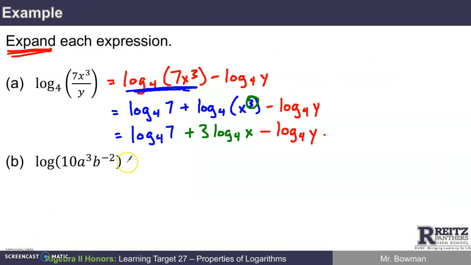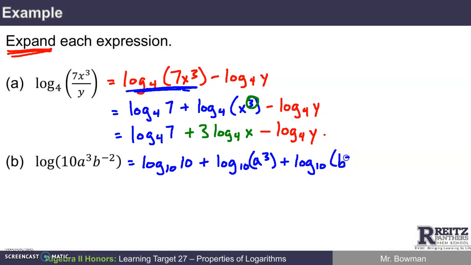So all I really need to do to begin this is to say, hey, I can write this as the sum of 3 logs base 10. That's log base 10 of 10 plus log base 10 of a cubed plus log base 10 of b to the negative second.